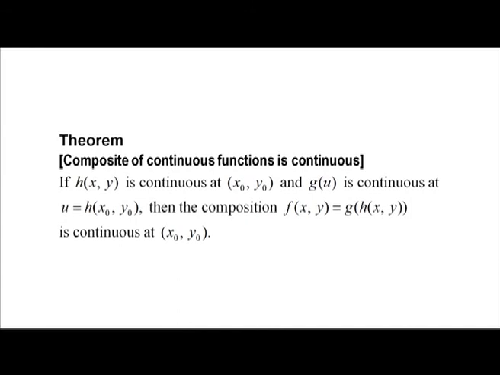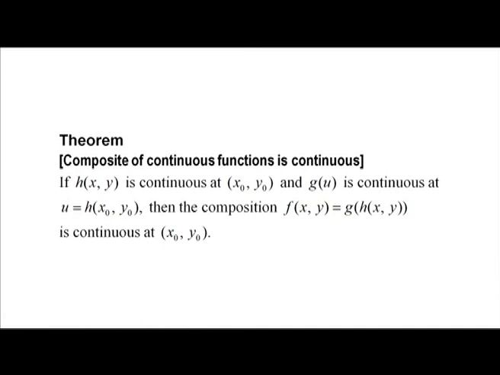Theorem: composite of continuous functions is continuous. If h(x, y) is continuous at (x0, y0) and g(u) is continuous at u = h(x0, y0), then the composition f(x, y) = g(h(x, y)) is continuous at (x0, y0).